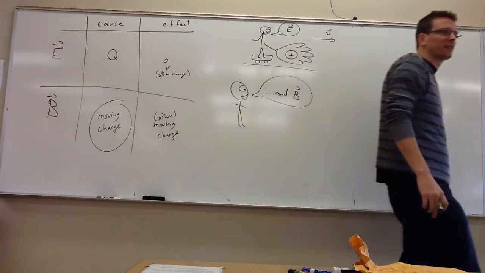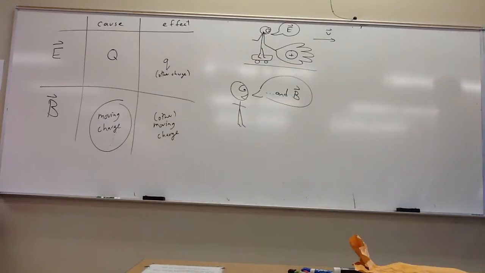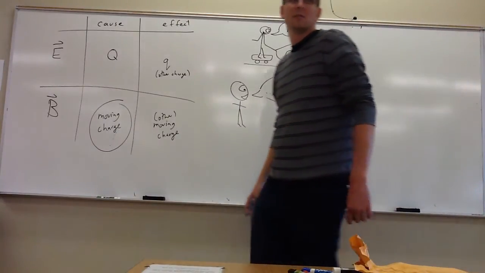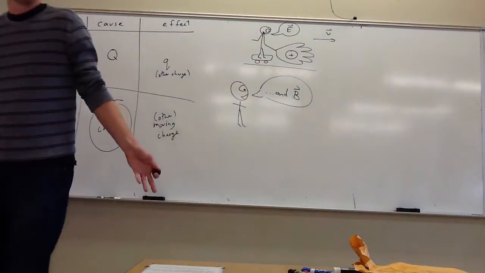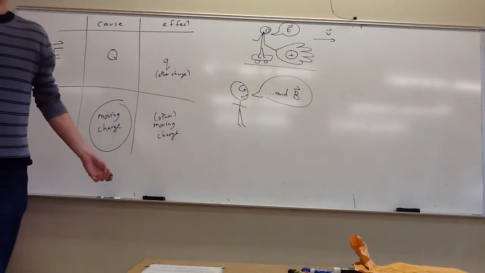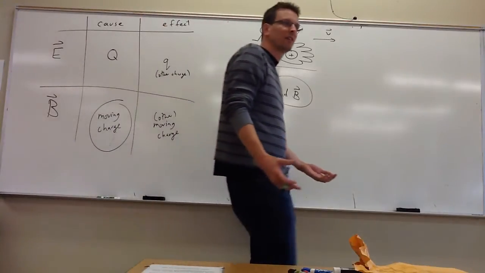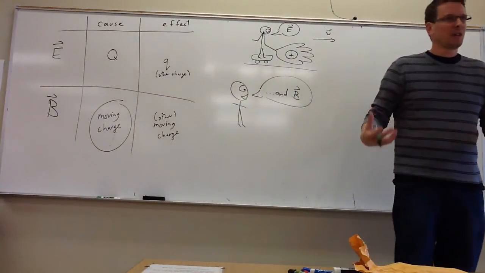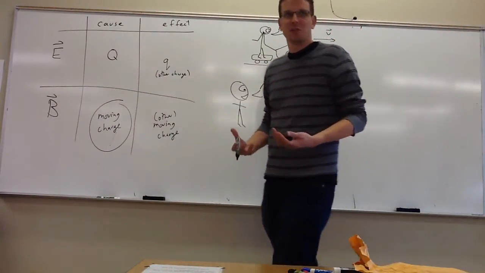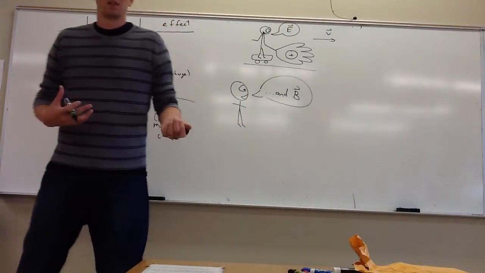So who's right? Does it make just an electric field, or does it make an electric field and a magnetic field? They're both right. So what kind of field something makes is a relative opinion based on if that charge is moving with respect to you or not. Okay?